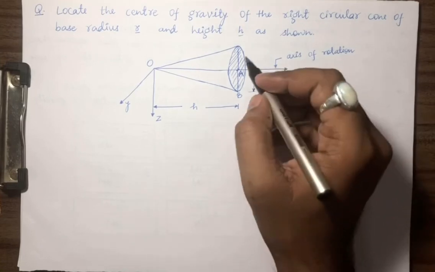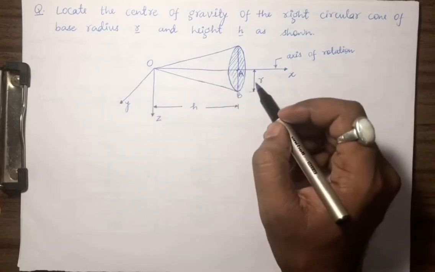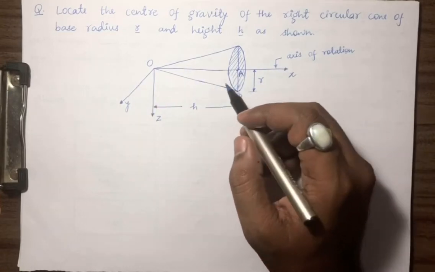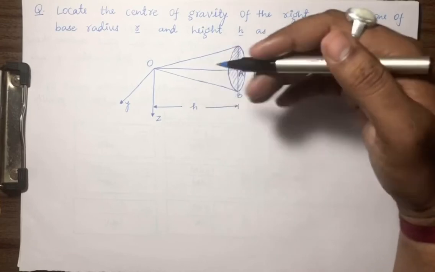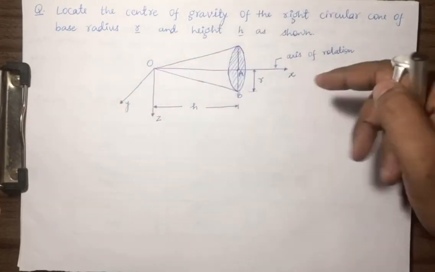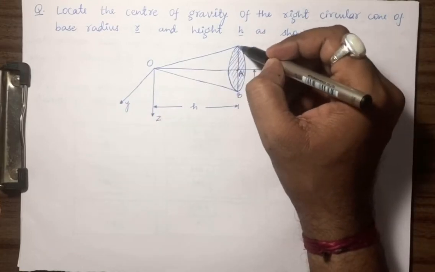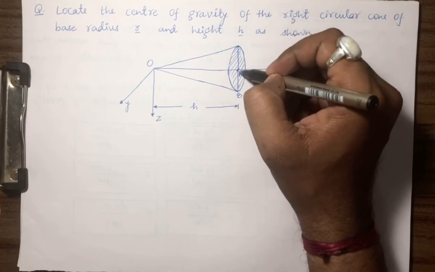The x-axis is the symmetrical plane. If you cut along this line, whatever material you get at r distance, you get the same at r by 2.